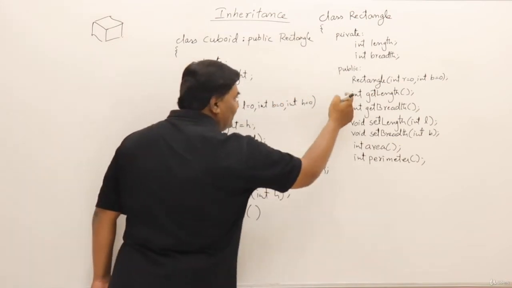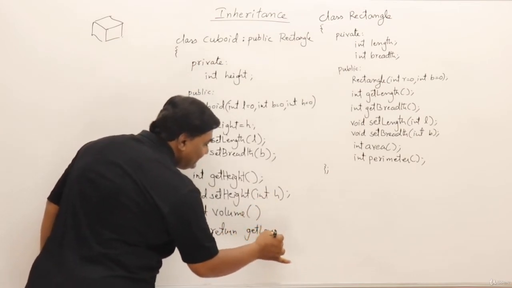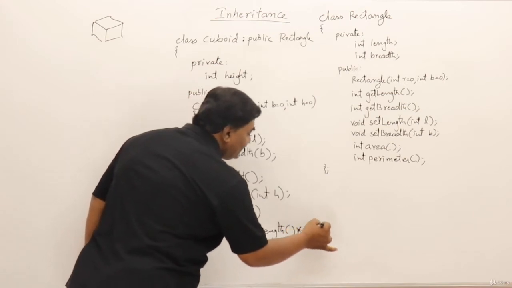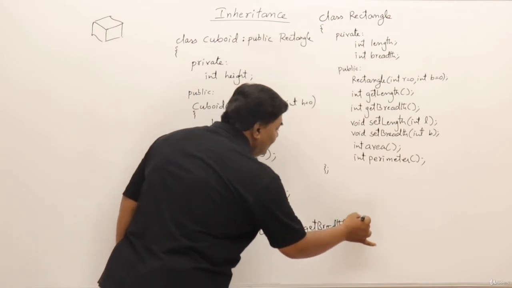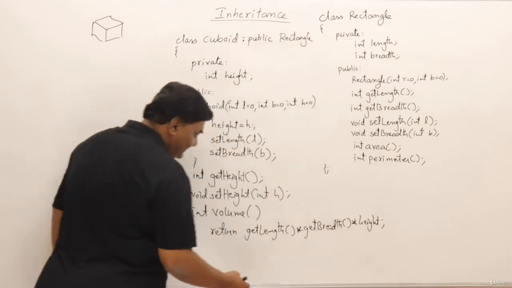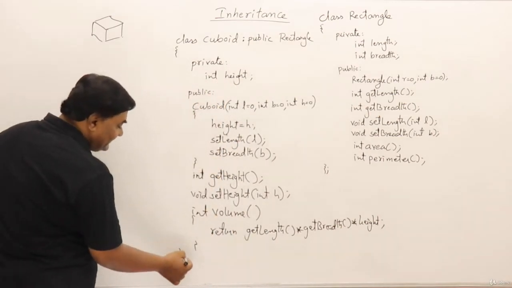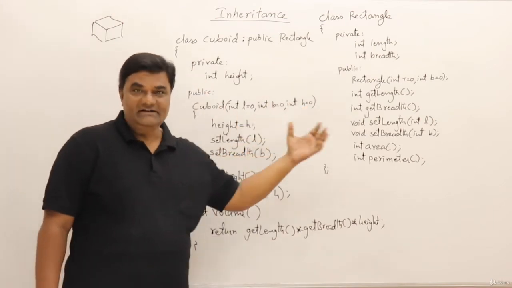So we have a method available here, that is get length. Get length into get breadth into height. That's it. So height is directly available here. I will close this class. So that's how this is an example of cuboid class inheriting from rectangle class.